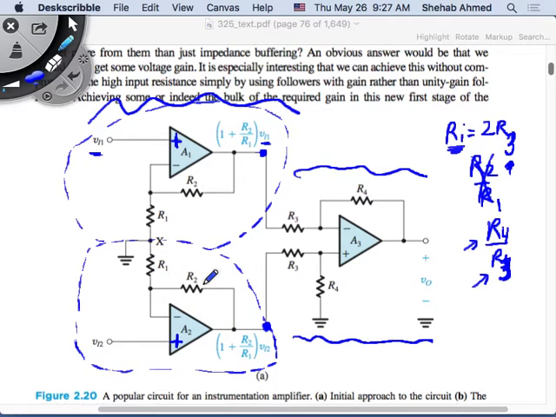But doesn't it also have VCM? Exactly, which is not a good thing about this circuit, and we will solve it with the next circuit. This is a problem, and it means that I'm also going to be limiting my following stage and my output stage of these amplifiers if I have a common mode signal. Remember, the amplifier output cannot exceed the supply voltage.